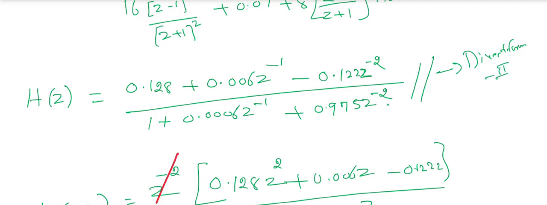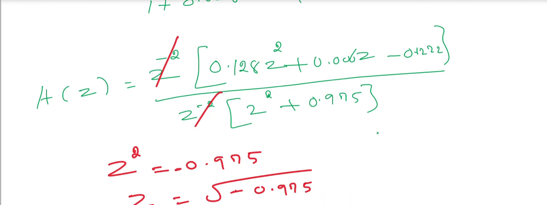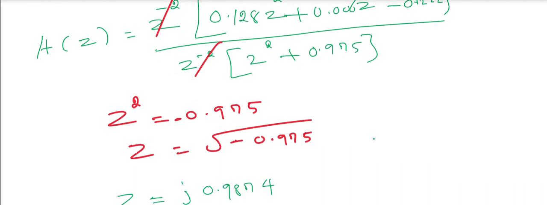So for this, how many delay elements? n is equal to 2 delay elements are required. So the polynomial coefficients of numerator and denominator, you can realize the system in direct form two, and find the number of poles, the order. You can determine the poles also. So where the poles are located, you can determine.